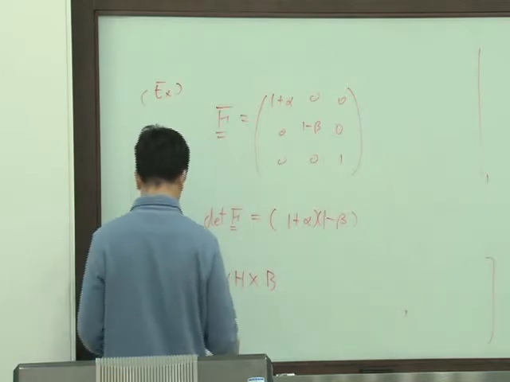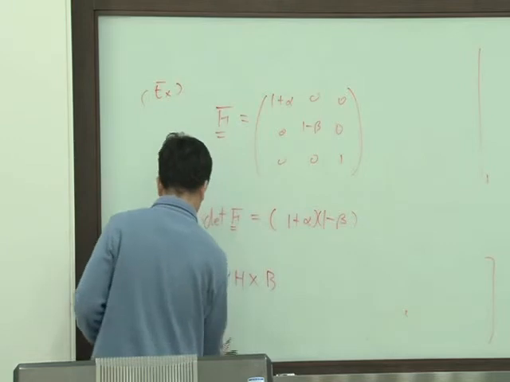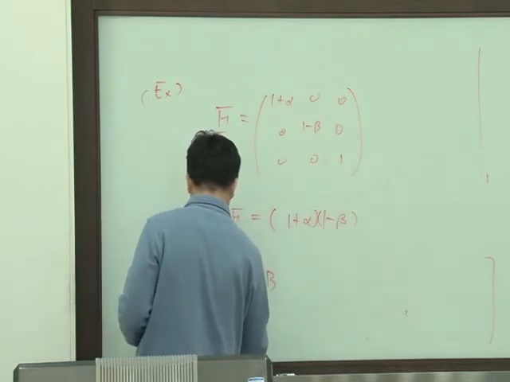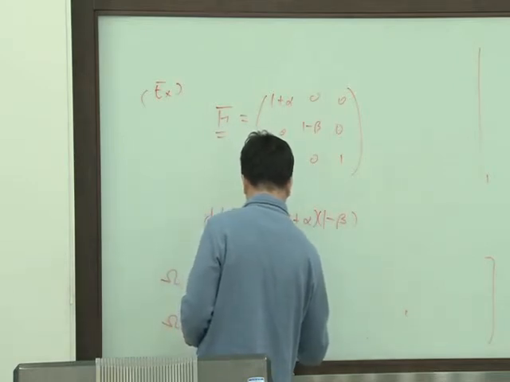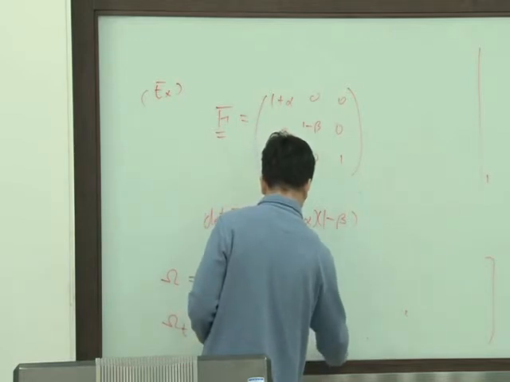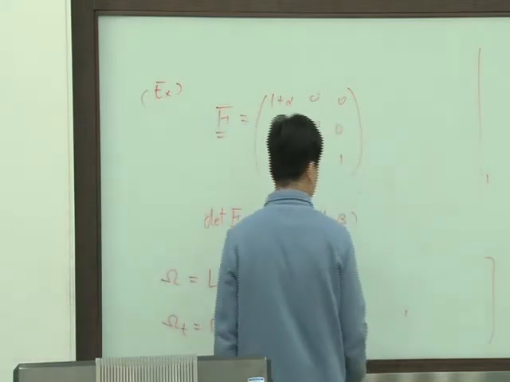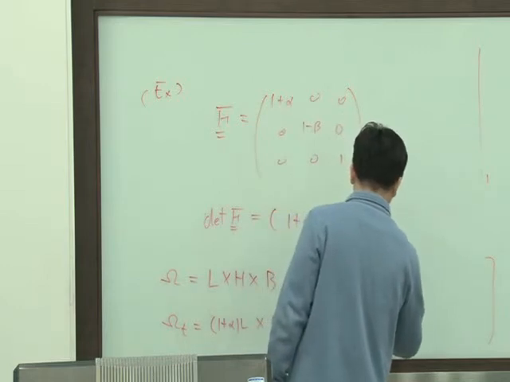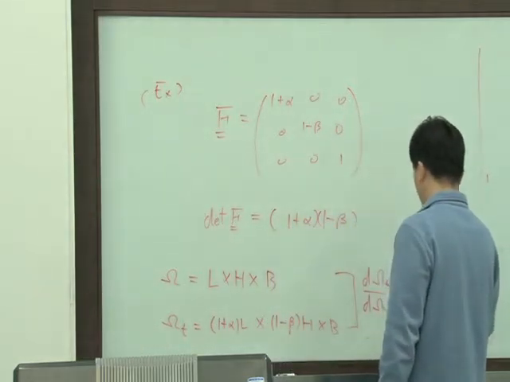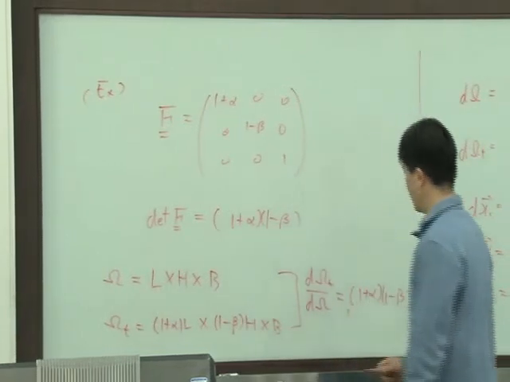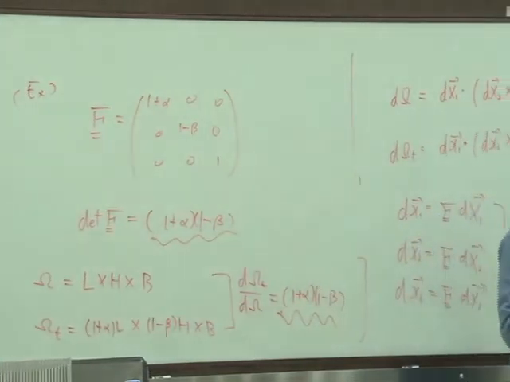Current equal L, and then this dimension was changed: 1 plus alpha L multiplied by 1 minus beta H multiplied by B, right? And then here d omega t equal 1 plus alpha times 1 minus beta, right? So we arrived at the same result.